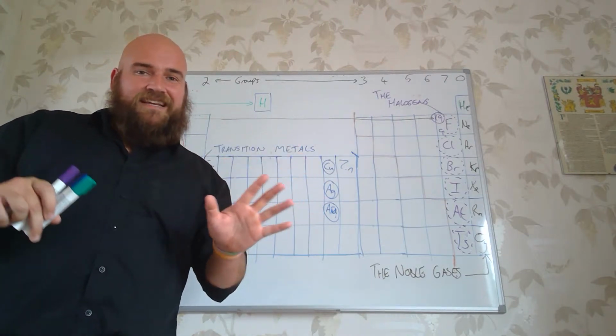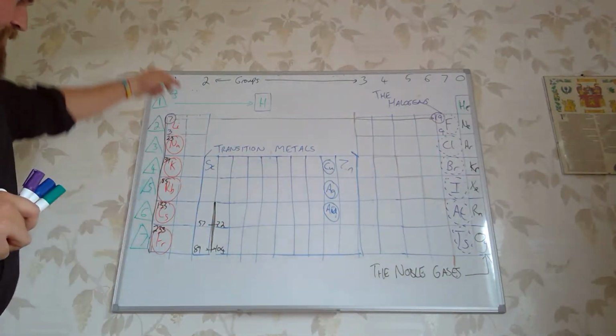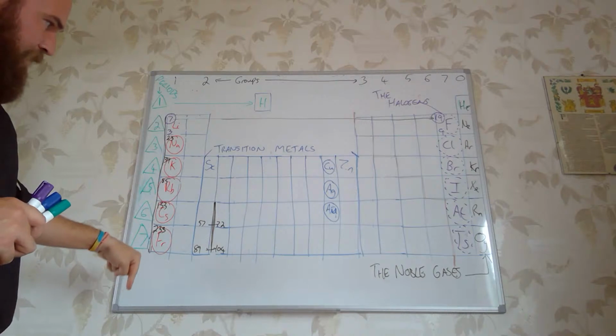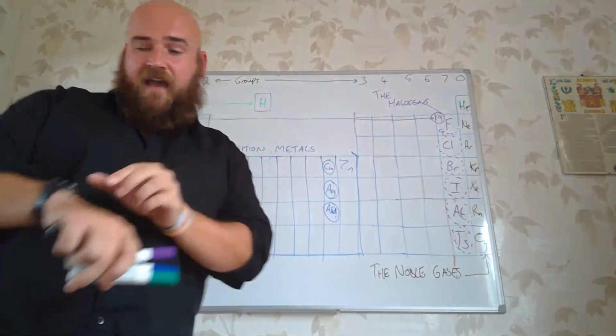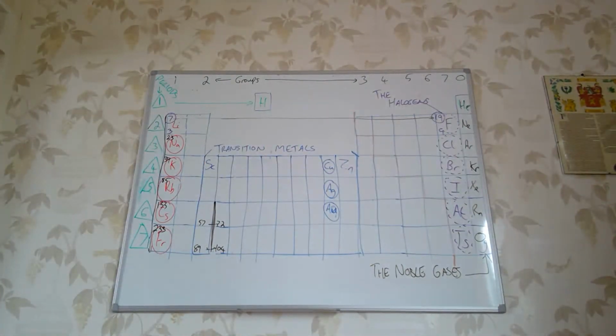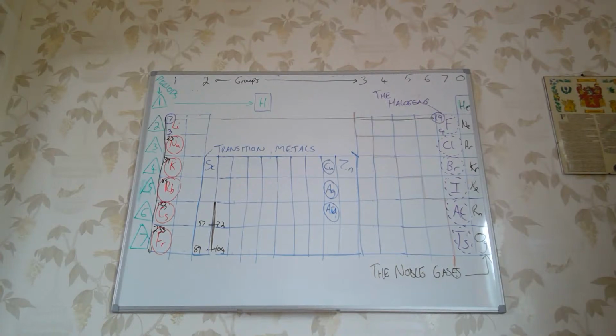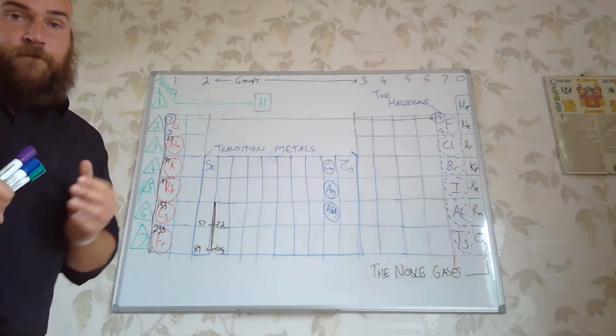I'm going to give you 60 seconds now just to have a look at the periodic table. So start looking up and down. Are the atoms getting heavier as you go down? And are they getting heavier as you go from left to right? All right, so just have a look at that. I'm going to give you 60 seconds. Go. Forty seconds left.